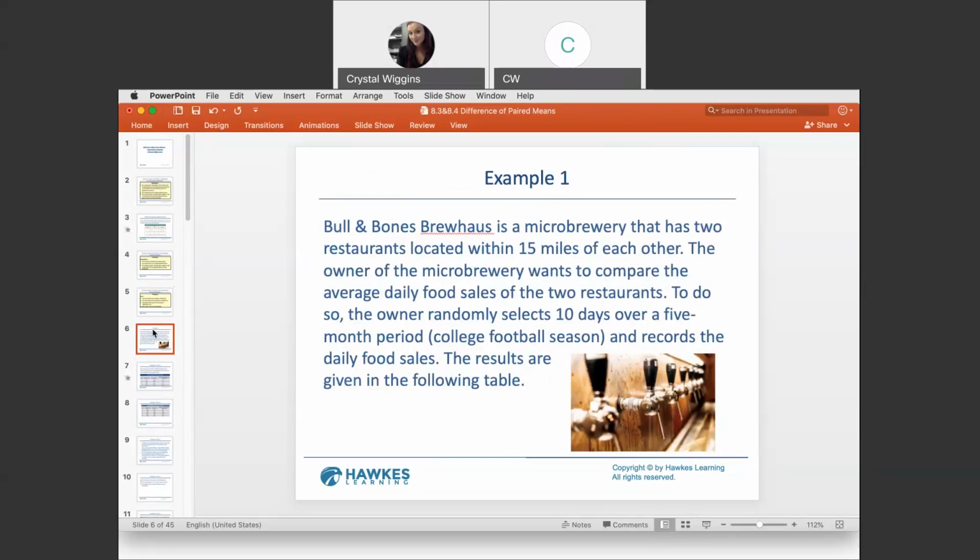Now, these are considered dependent samples because the sales were collected on the exact same days. If I just chose 10 random sales days for one restaurant and completely other 10 random days for the other one, those would be independent. They would no longer be linked.